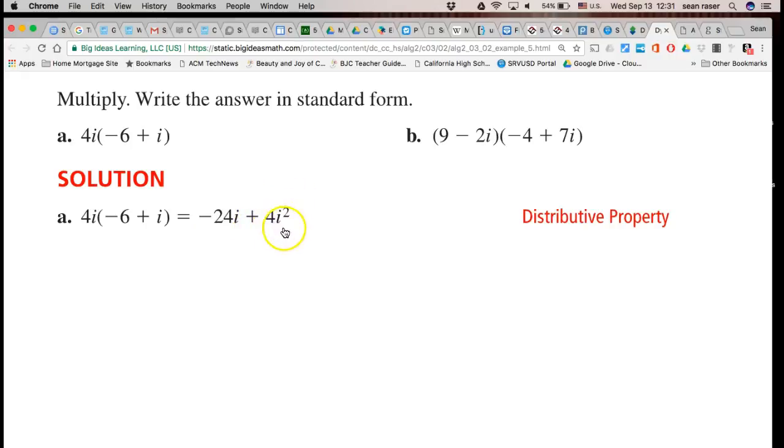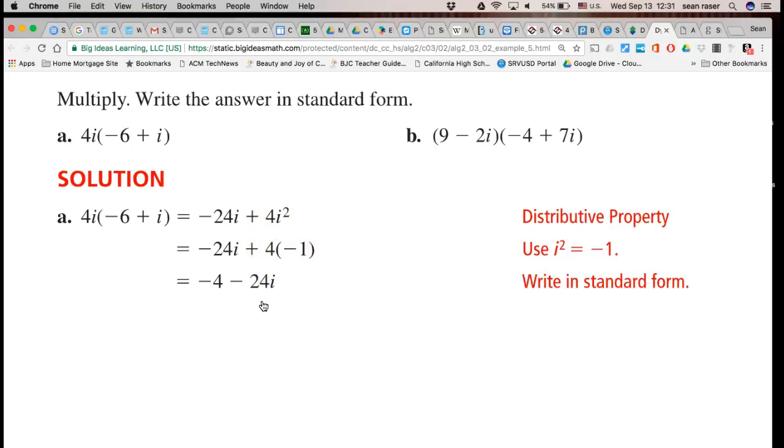Now, remember, i squared we want to replace with -1. So wherever you have i squared, replace it with parentheses and -1. The parentheses are important to keep track of your negative, because now we're going to have to multiply this by our term. So all we're doing in this step is replacing i squared with -1. Now, we get 4 times -1 is -4, and we have -24i.